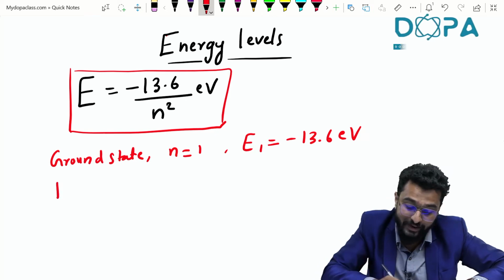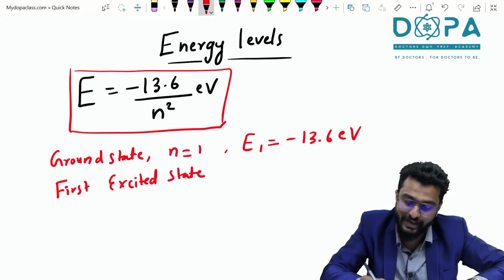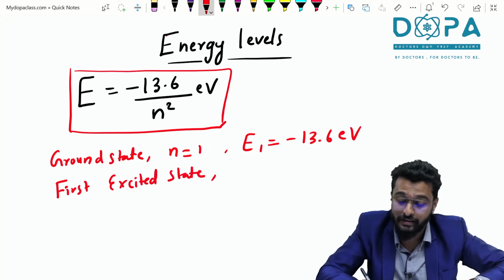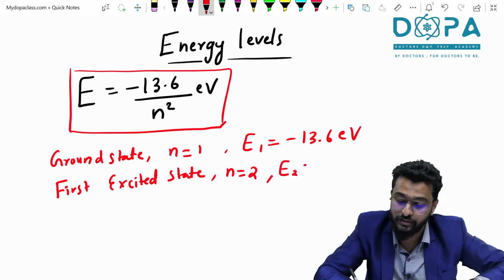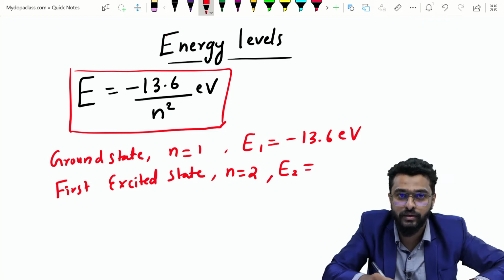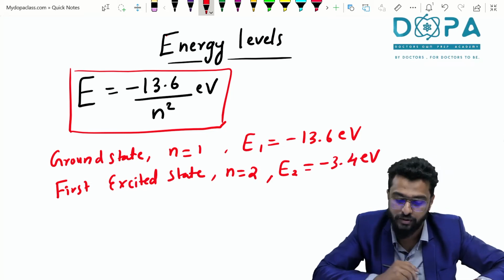Then for first excited state, it's very easy to study the values. For first excited state, that is the second orbit, n is equal to 2, and E2 we get as minus 3.4 electronvolt.